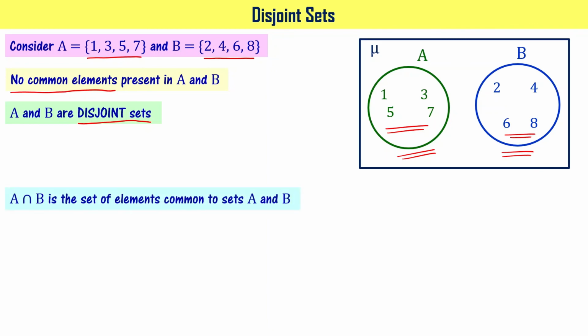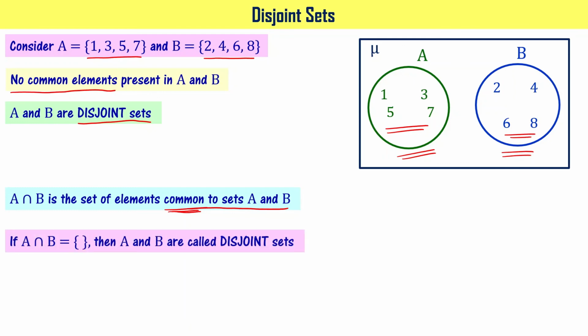We know that A intersection B is the set of elements common to sets A and B. If A intersection B is a null set, meaning A and B have no common elements, that's why A and B are called disjoint sets.